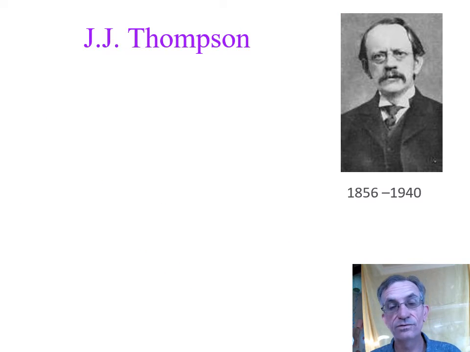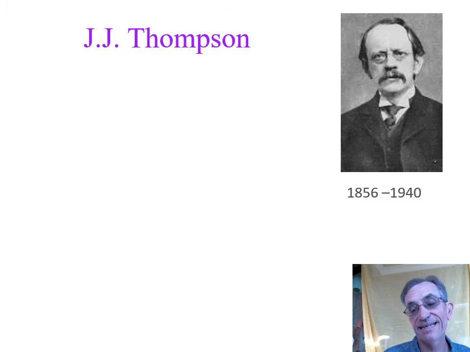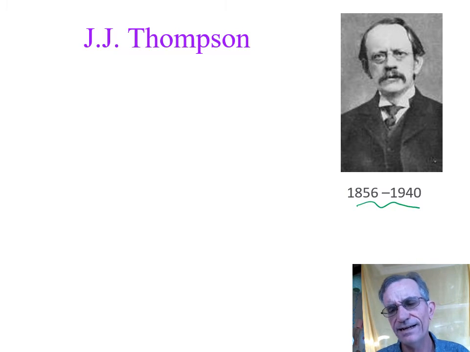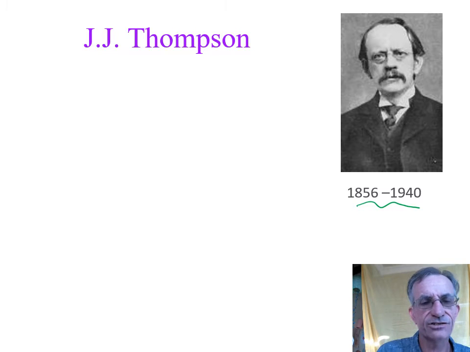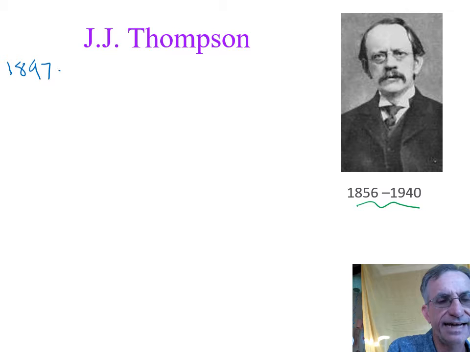Okay, that guy who discovered that there was something inside of an atom, that there was a particle inside of an atom, that guy was J.J. Thomson. Now, this is a picture of him. You can see he lived and he made this discovery right around 1900. And actually, it was 1897 to be exact.